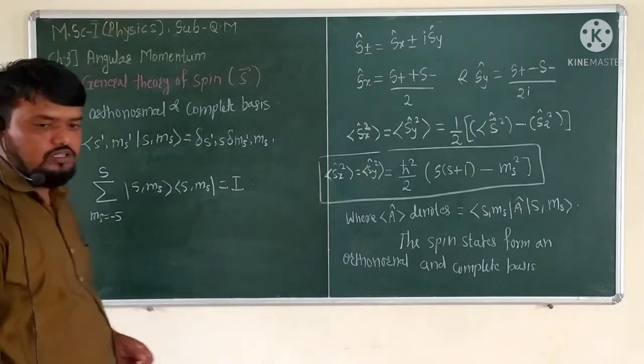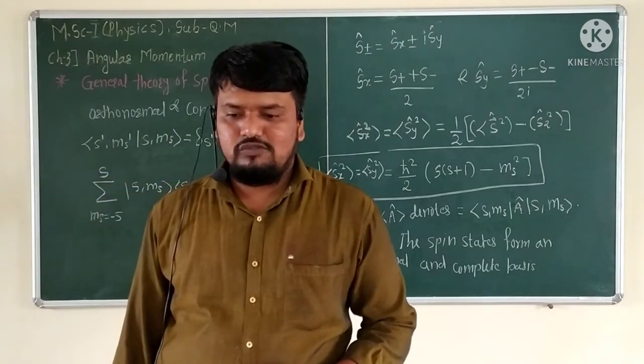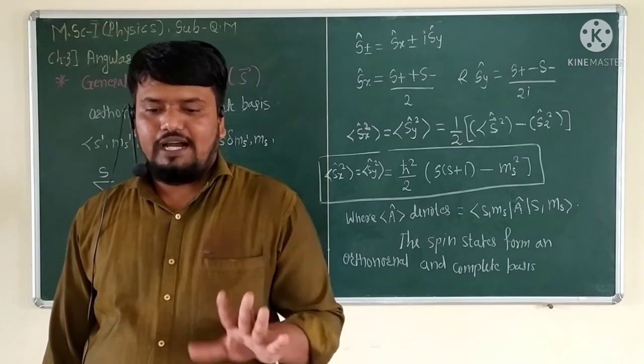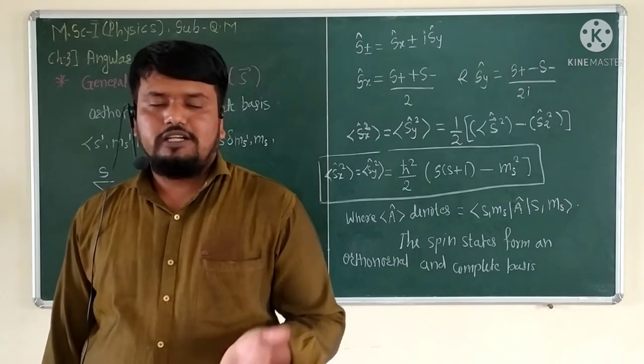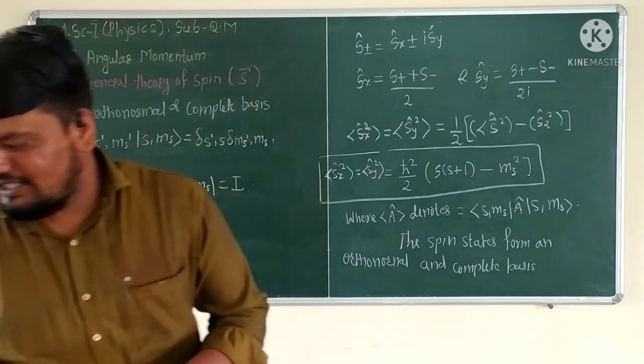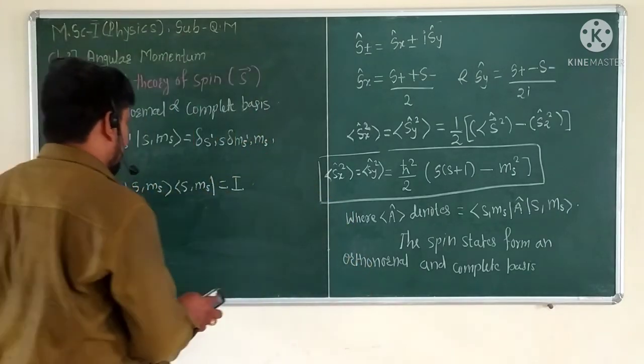And we want to see the general idea of the spin particle ms value and the eigenstate of this, and in the next lecture we want to see the Pauli matrices.